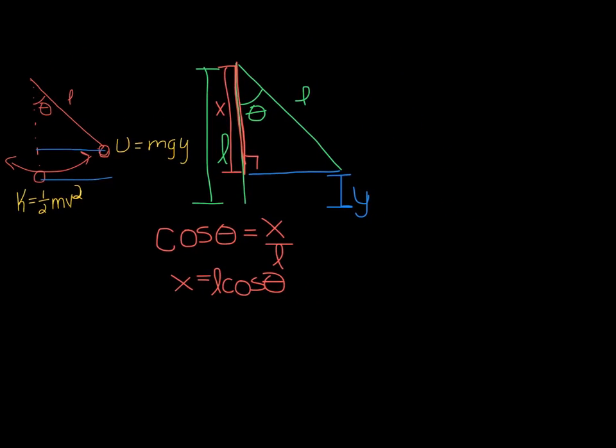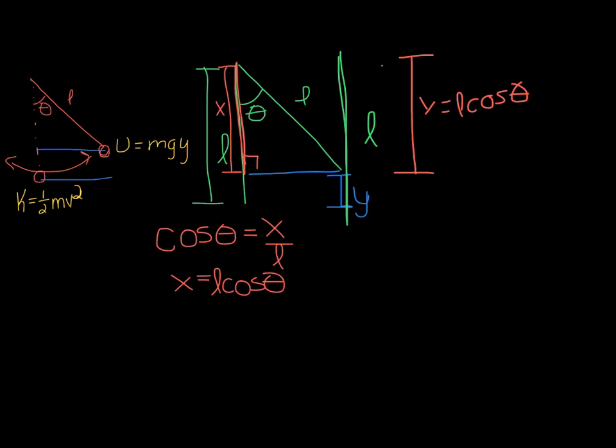Then I'm going to relabel this one more time. I know that the whole length is L. I know that this part of the length, I'm trying to draw like a parallel line, is L cosine theta.